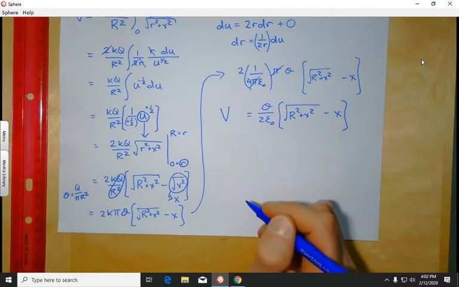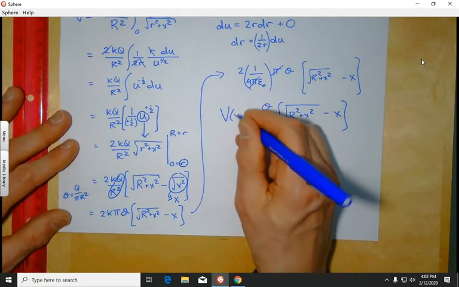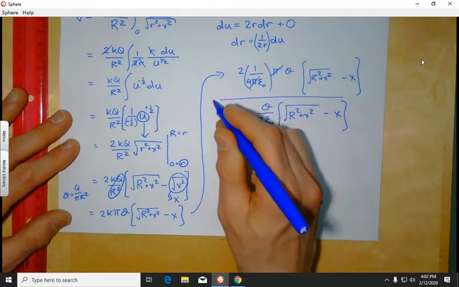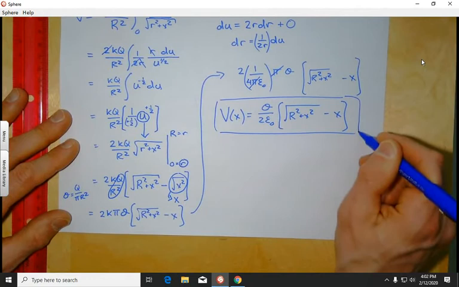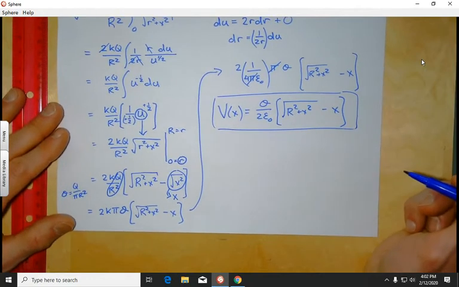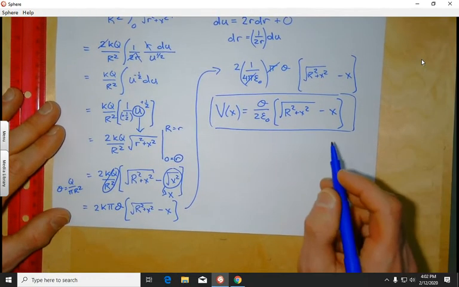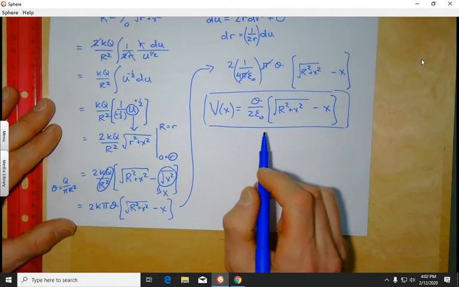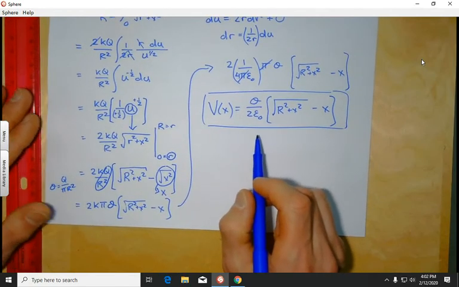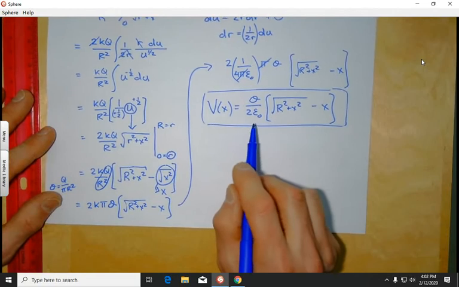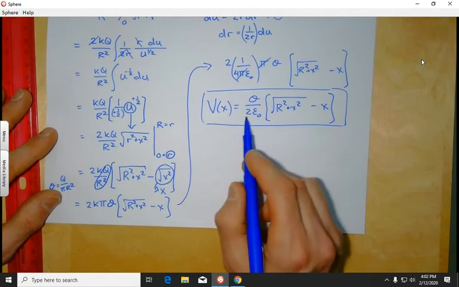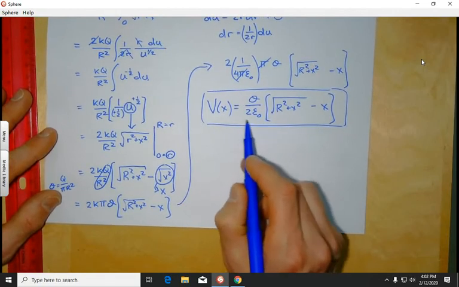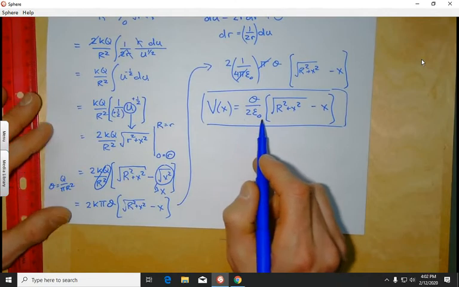Okay. And this is going to be our answer. Okay. So again, it's not very pretty. However, one thing that you might be noticing is that if you look at this term that's out in front, that should look familiar to you.